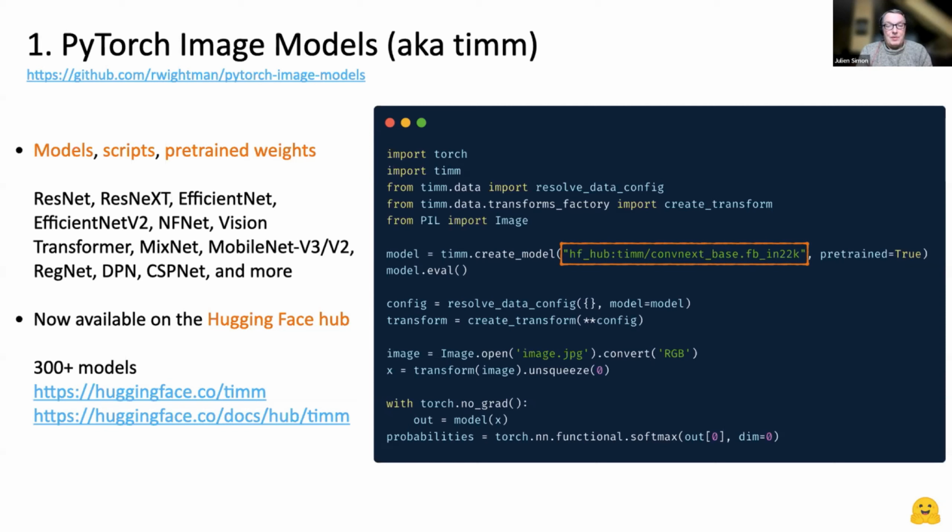Just grab, in this case, a ConvNeXt model from the hub, and create a configuration, create a transform, load an image, transform it, and then predict it with the model. So super simple, and just that one line pulls the model from the hub, and you don't have to worry about loading it from anywhere else.